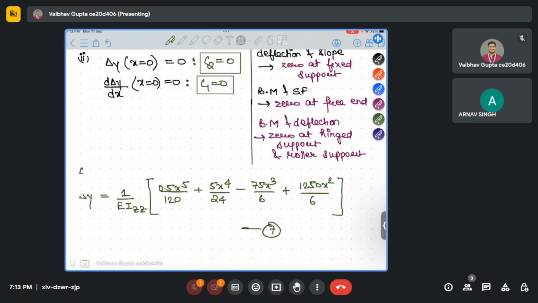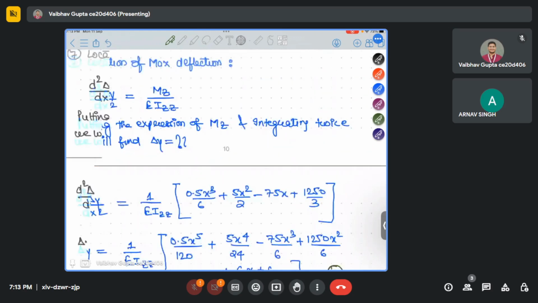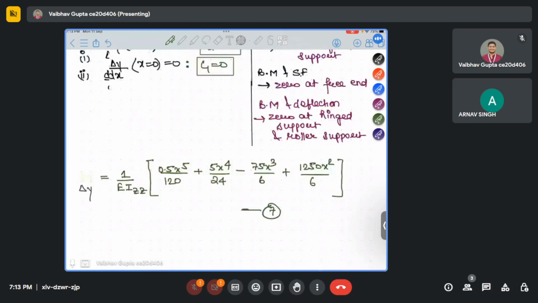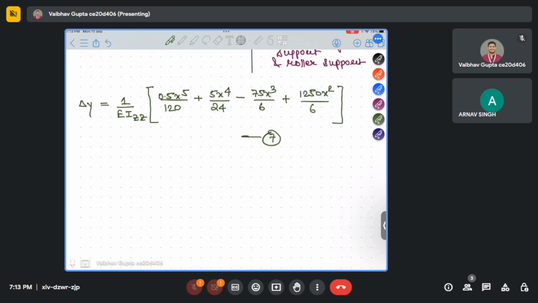Seventh question. In the question, what is asked? Find the location of maximum deflection. So for a cantilever beam, maximum deflection will occur always at the free end.